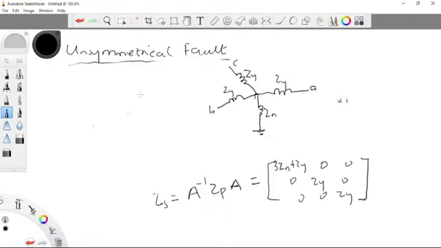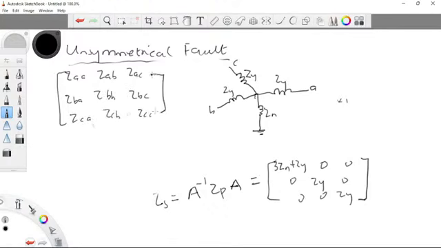Just a fact that you should know: if you have Z_AA, Z_AB, and so on, this is a generalized impedance matrix expression.